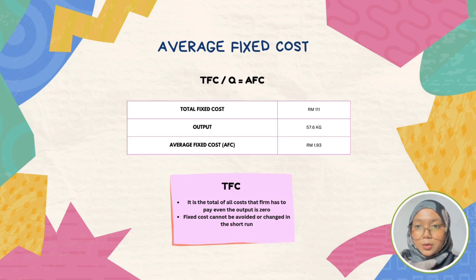One important thing to note is that fixed costs cannot be avoided or changed in the short run. No matter how much or how little is produced, the firm still has to pay these fixed costs. In summary, the average fixed cost, AFC, is RM1.93 per kilogram, and it gives us an understanding of how fixed costs are distributed across the output produced.